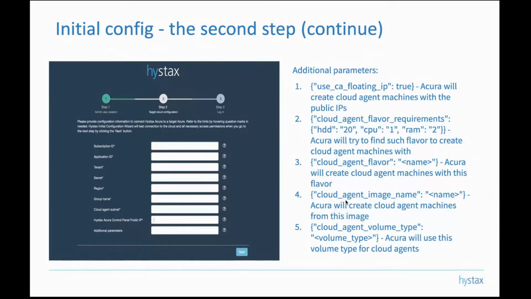That's what I mentioned, a Cloud Agent image name. By default we use a Cloud Agent image name that we create. It's Hystax Acura, and this is the default name that Acura relies on when creating new agents.